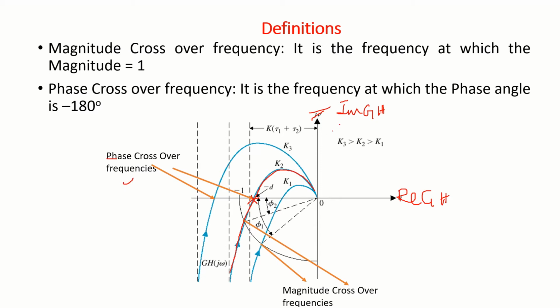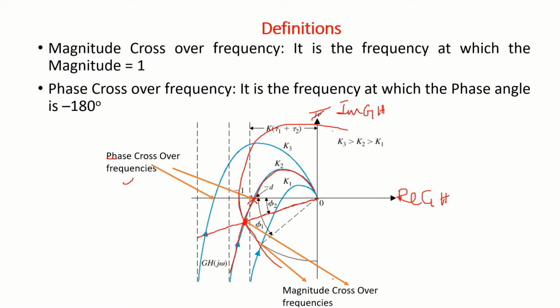Then you draw a circle of unit radius. It will cut the plot here, and you join that point to the origin. This point I call the gain crossover, the magnitude crossover or gain crossover.